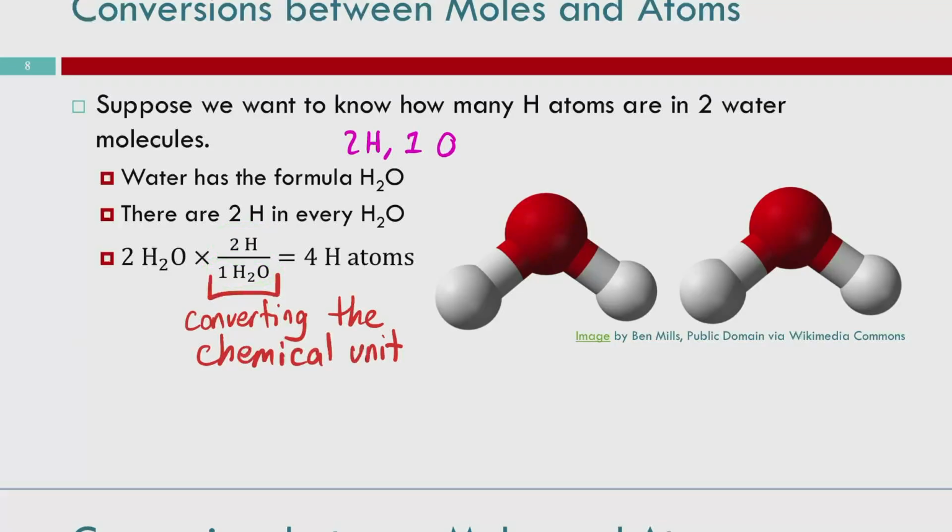So we constructed that conversion factor based on the chemical formula. Pretty simple math. We can even count it out with these nice renderings from my hero, Ben Mills. The 4 white dots here, 4 hydrogen atoms. Any questions about doing that?